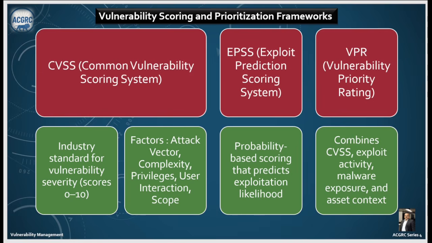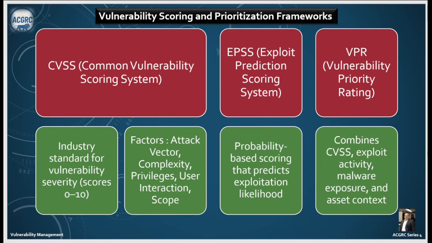The first one is CVSS, or Common Vulnerability Scoring System. It is an industry standard for vulnerability severity. The score ranges from 0 to 10. It includes factors like attack vector, complexity, privileges, user interaction, and scope.